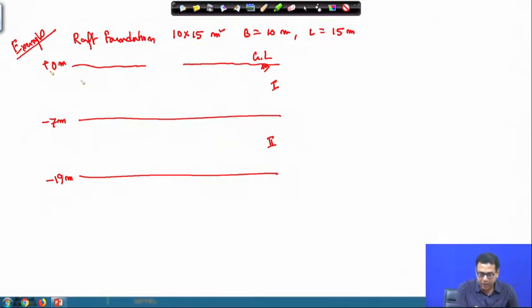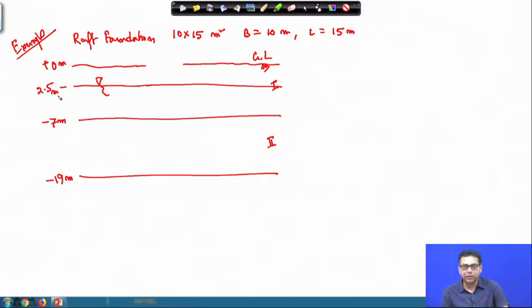Now, the water table is at 2.5 meter below the ground surface.